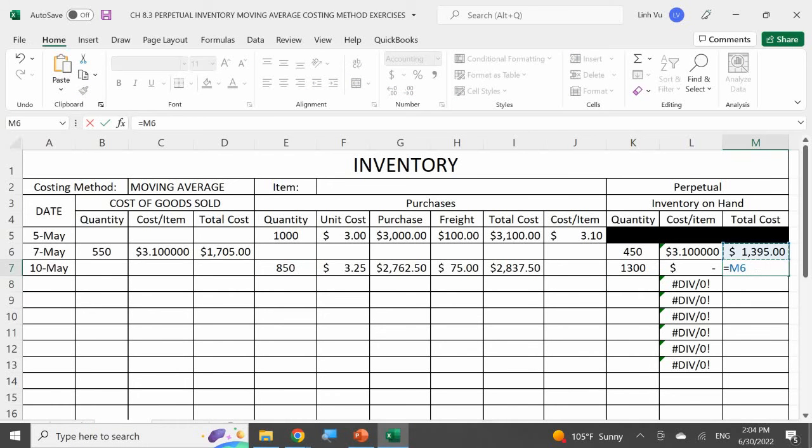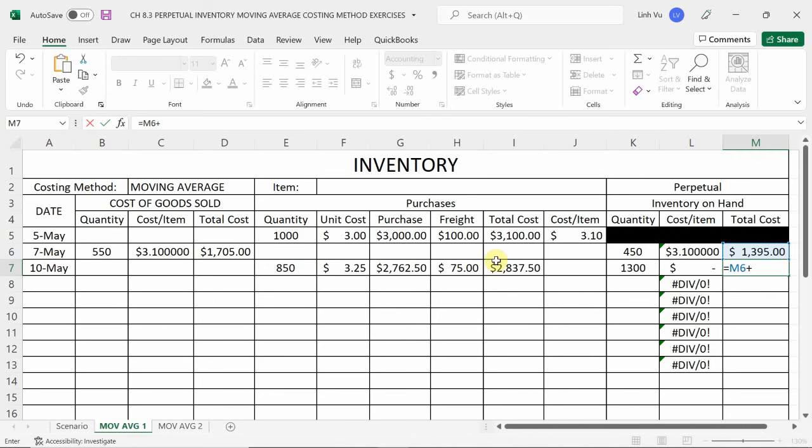What is my $1,395 plus my new purchase of $2,837.50? $4,232.50.